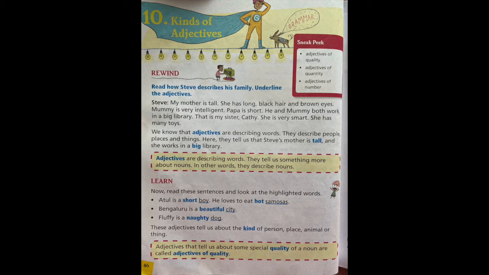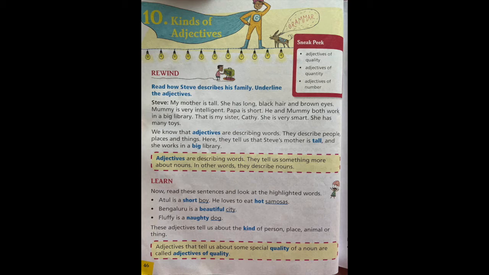So here Steve says his mother is tall, describing mother as tall. Yes, underline tall. She has long black hair. Her hair is described as long and black. So underline. And then eyes as brown. So underline brown. Let's continue. Mummy is very intelligent.